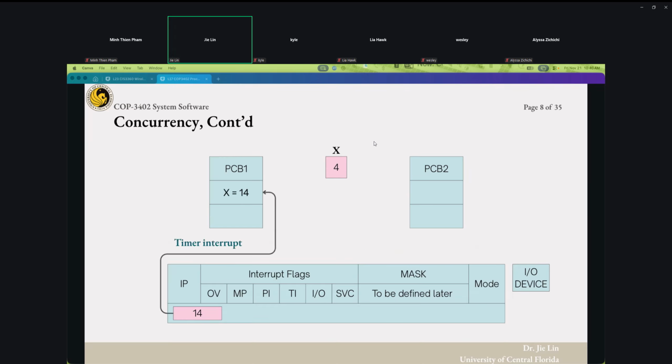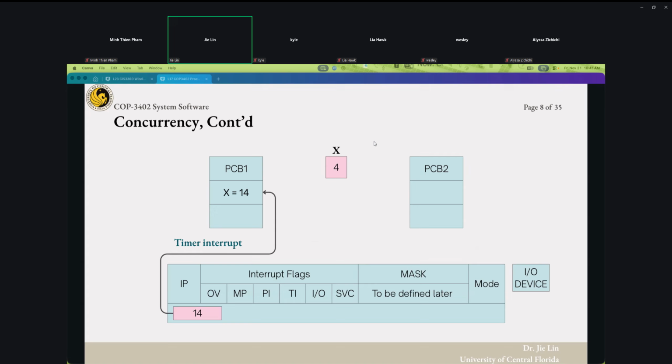Now, the problem is coming. Timer interrupt, we have known that. The timer interrupt kicks in. It means we have to store this information back to P1's PCB, instead of completing our full execution and storing that information back to X. PCB1 is holding the 14, okay?